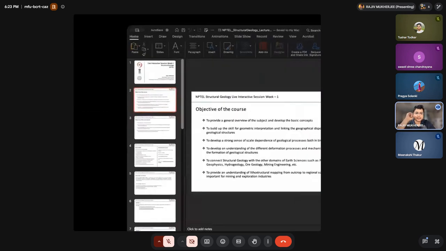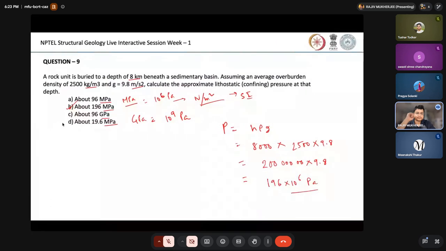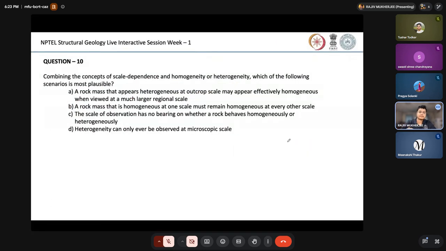Okay, so then we move on to the last question. Combining the concepts of scale dependence and homogeneity or heterogeneity, which of the following scenarios is most plausible? Option A, a rock mass that appears heterogeneous at outcrop scale may appear effectively homogeneous when viewed at a much larger regional scale.